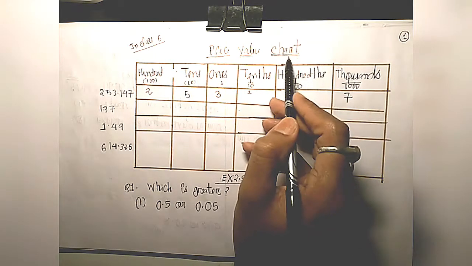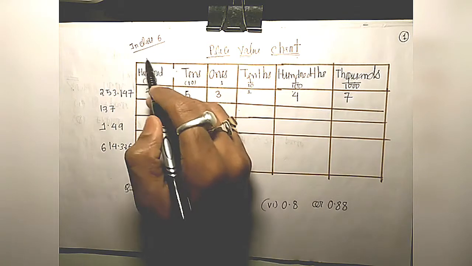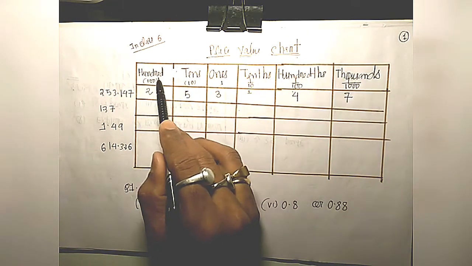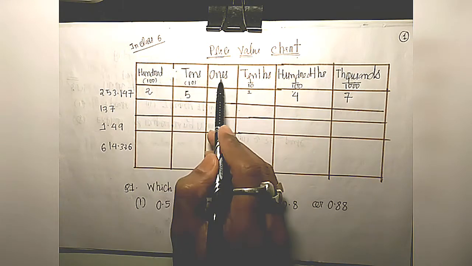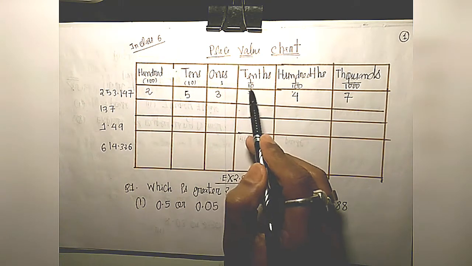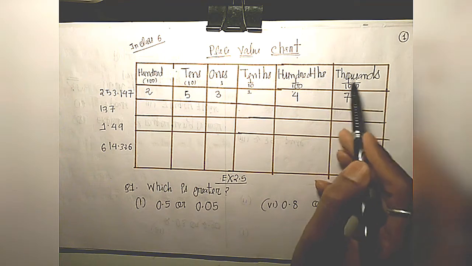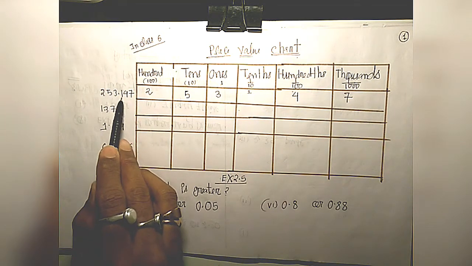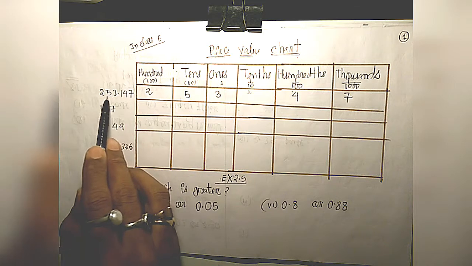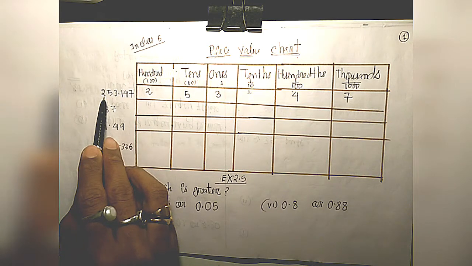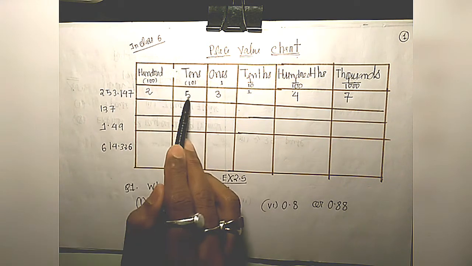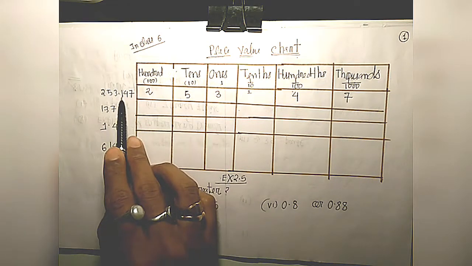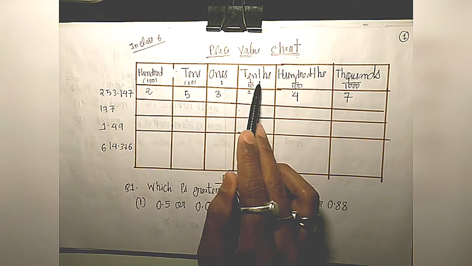So, place value chart. We have already learned this in class 6. Here is the place value chart: hundreds, tens, ones, then tenths, hundredths, and thousandths. For example, in 253.147, 2 is in the hundreds place, 5 is in the tens place, 3 occupies the ones place.